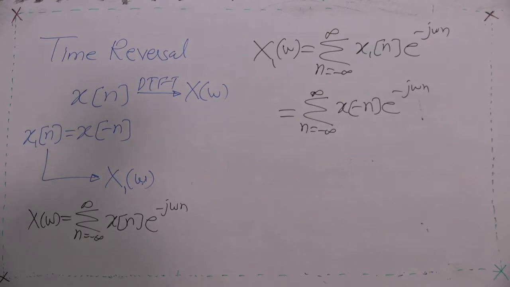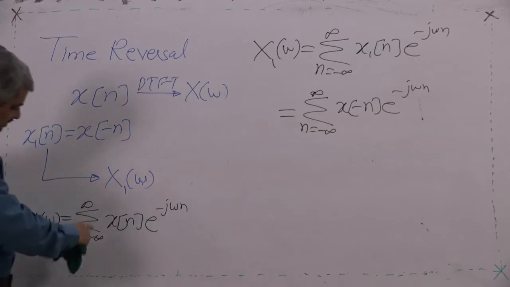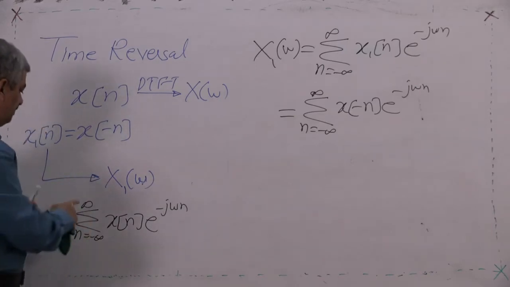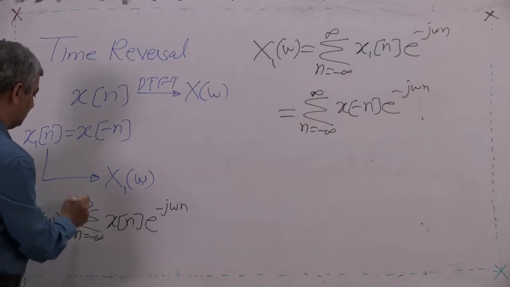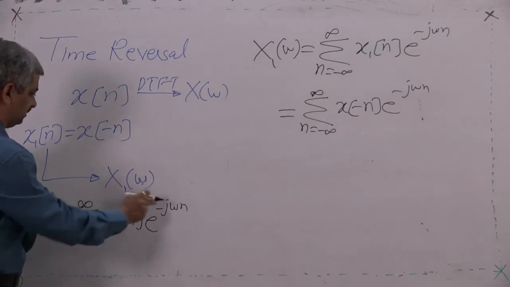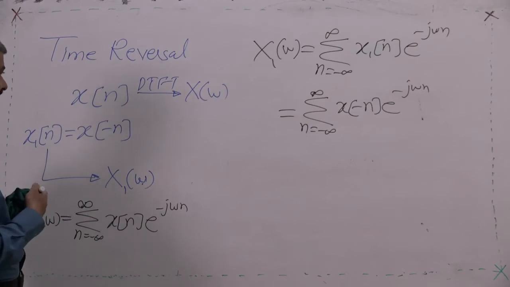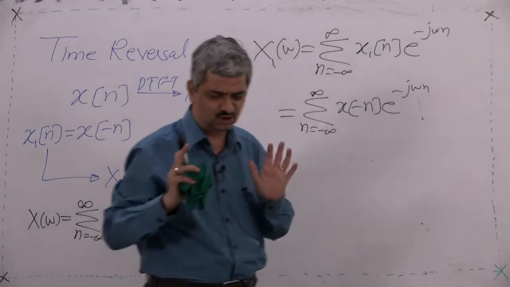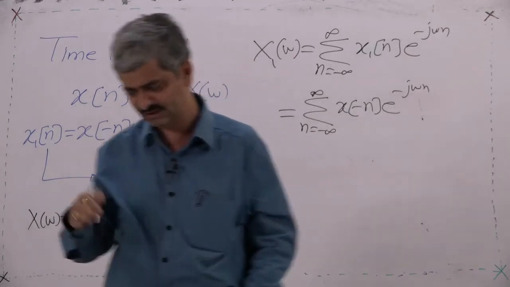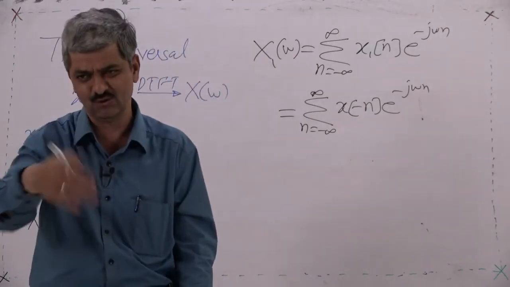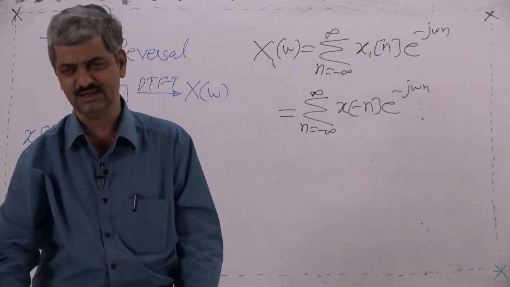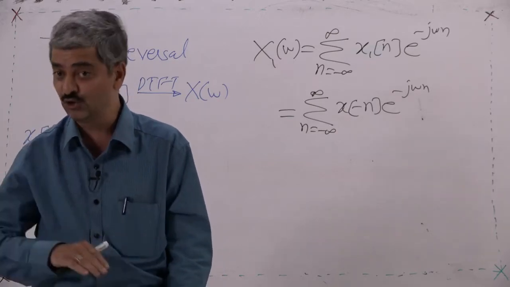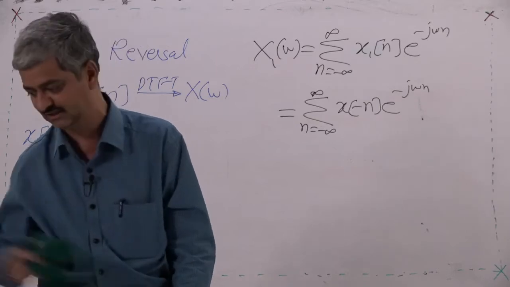Means X(omega) is a weighted sum over the entire n of the input sequence x[n] and a weight sequence of the type e raised to minus j omega n. Here we are very conservative; once you get experience you can simply do quick calculations, but a teacher should not assume them while discussing in the class.